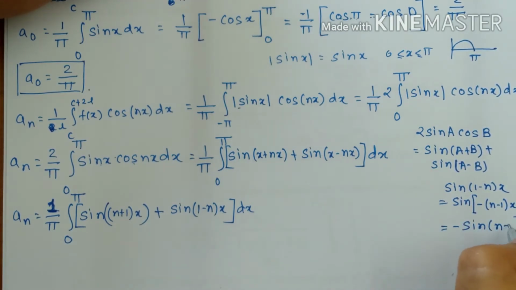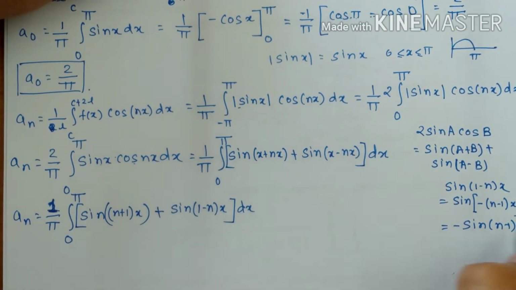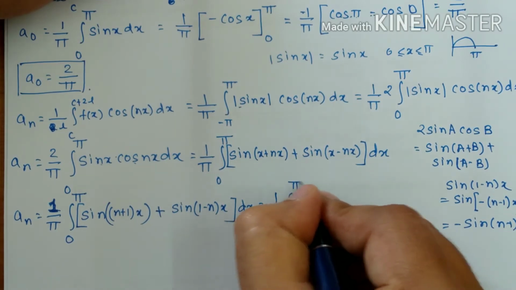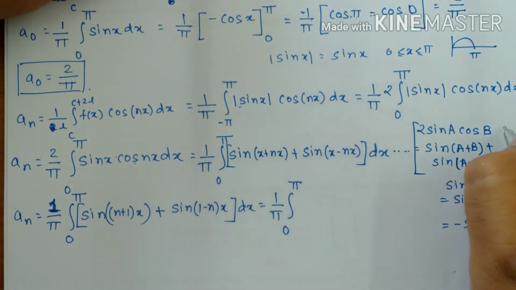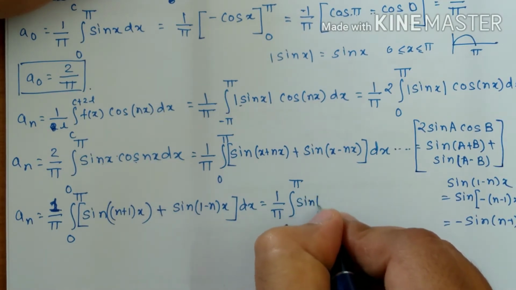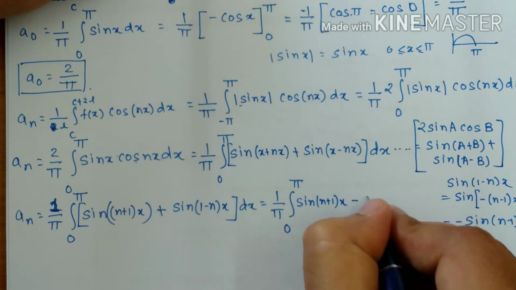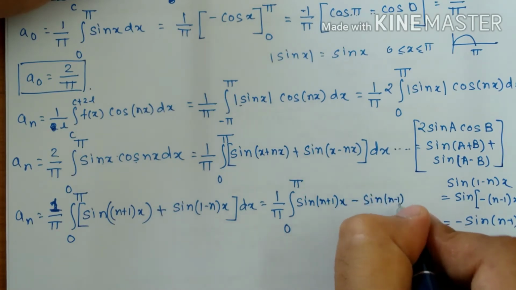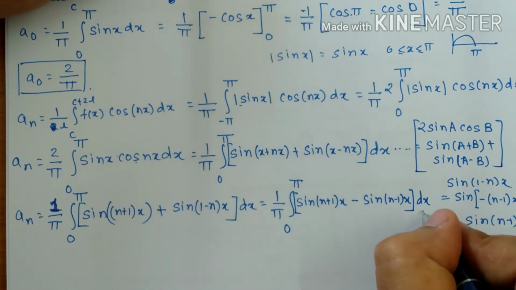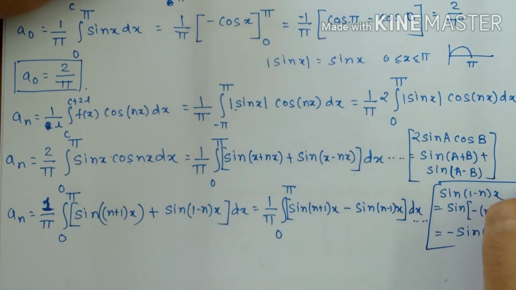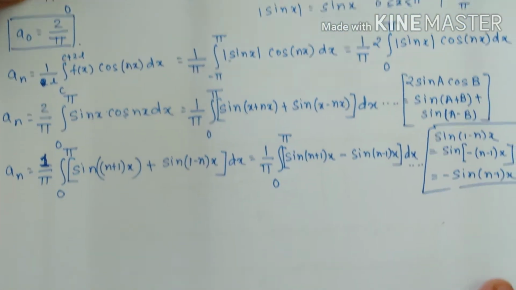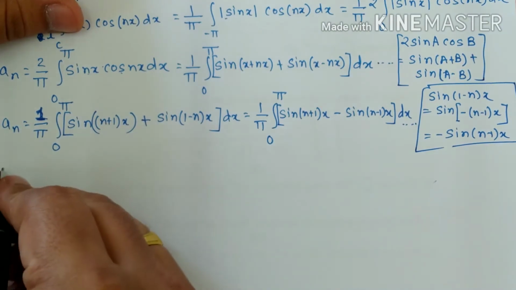So this is sin of n plus 1 x minus sin of n minus 1 x, and this is 1 upon pi integration from 0 to pi of sin of n plus 1 x minus sin of n minus 1 x dx. And this is the reason for this particular step.